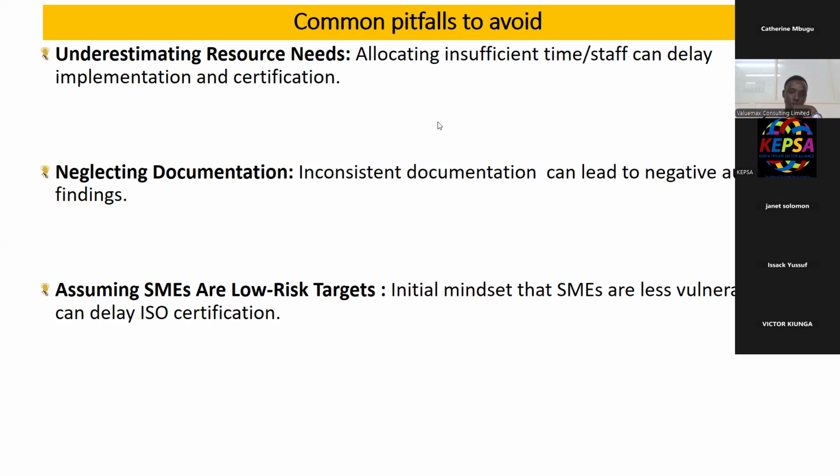That's why you should prioritize risk management, and you should know that any small, medium or large organization can be easily hacked. So make sure you prioritize risk management, and once you do, your ISO certification will be very smooth, and you will get ISO certified in no time.